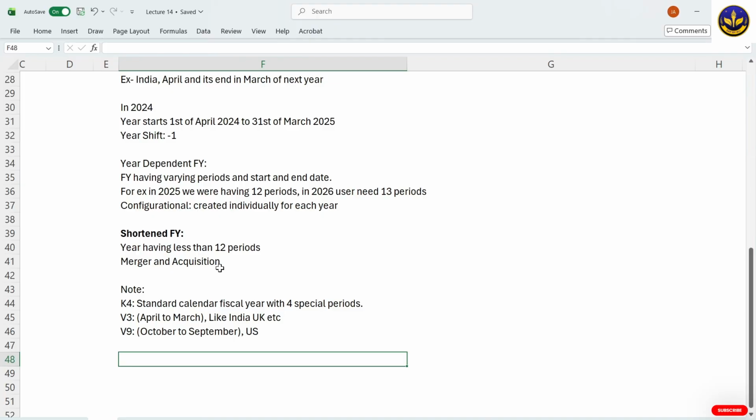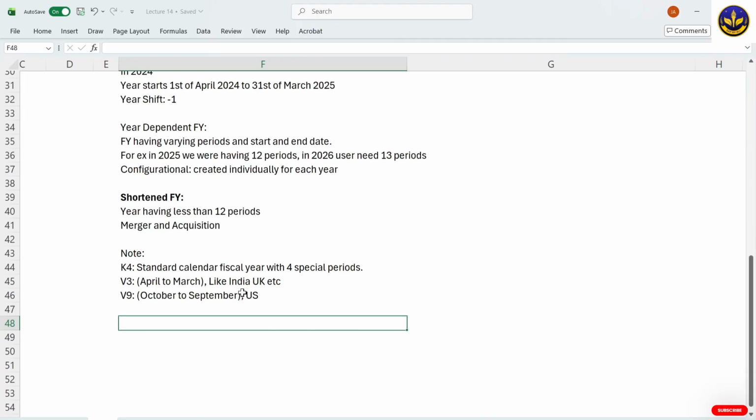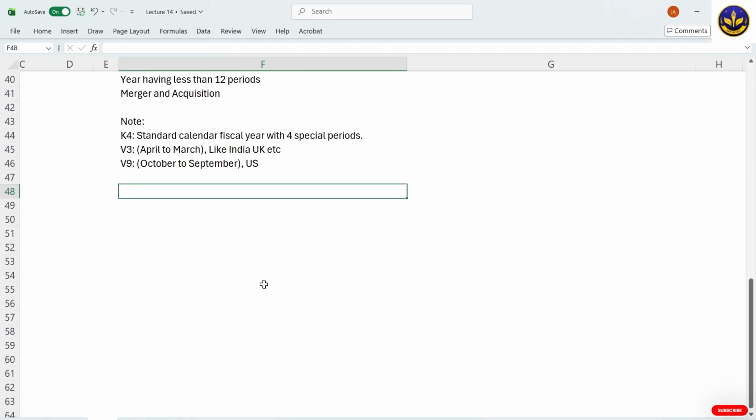Next we will see the path which we would be utilizing in our practical session while we are doing the configuration. So what is the path? There are two things.